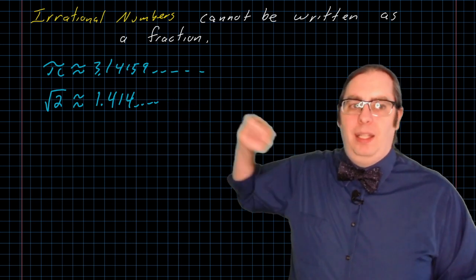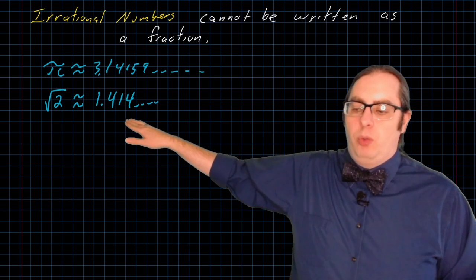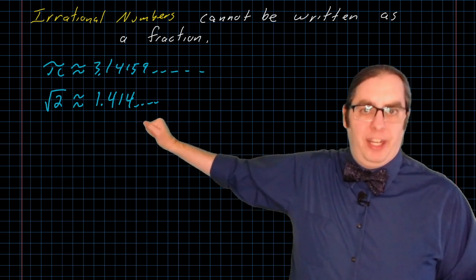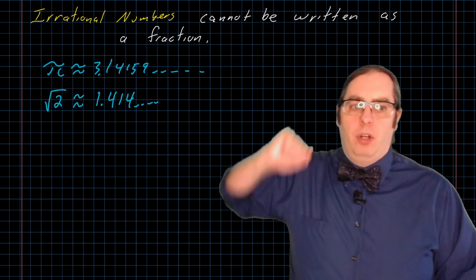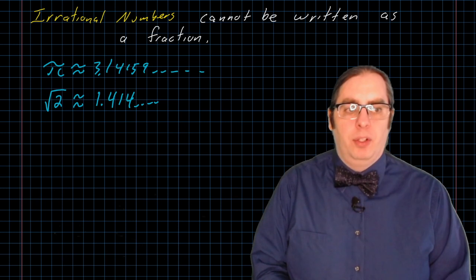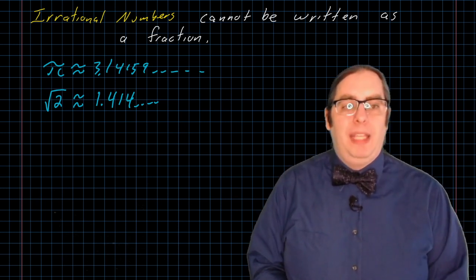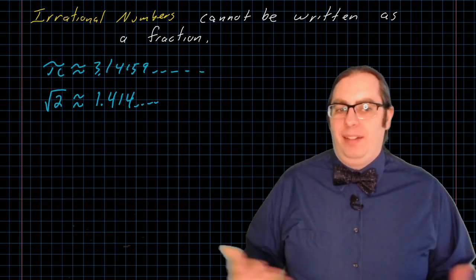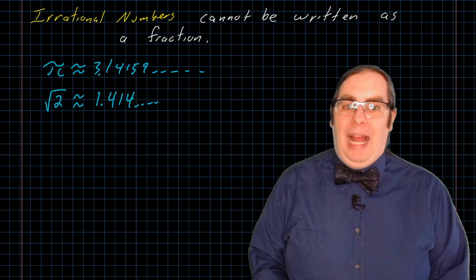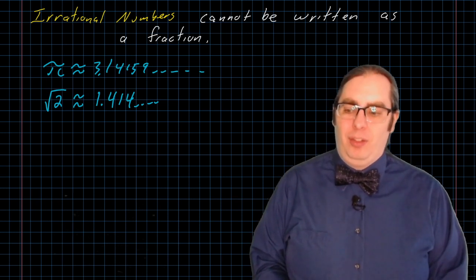Pi is the first of a set of numbers called the geometric numbers. The square root of 2 is the simplest of a set of numbers called the algebraic numbers. There are also a couple of other sorts of numbers that just do not behave well and give us all sorts of craziness. How and why, beyond the scope of this course, just knowing that they exist is good enough.